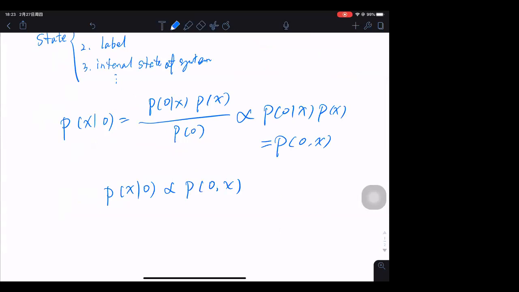Again, it proves what we discussed last week: the joint distribution is always the key for inference.